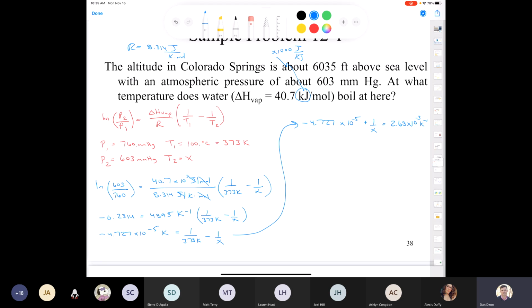Then you end up with 1 over X is equal to 2.727 times 10 to the negative 3 Kelvin to the minus 1. And then you get X is equal to, I got 366.7 Kelvin. So then if I subtract 273 Kelvin, I get X is equal to 93.7 degrees Celsius. Pretty close to that.